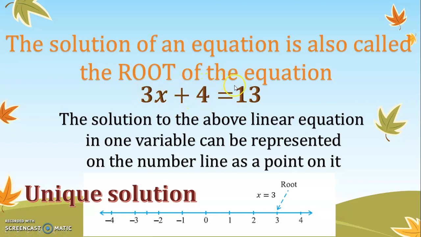So there is only one particular value of x for which, if I substitute that value, this equation will hold true. So a linear equation in one variable has a unique solution.